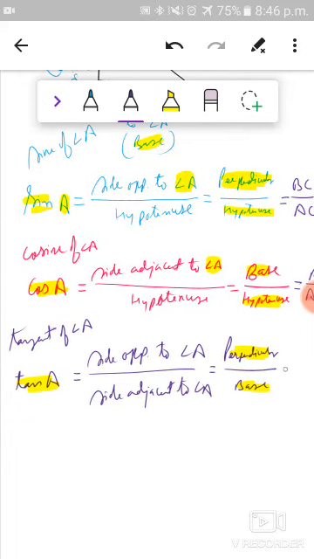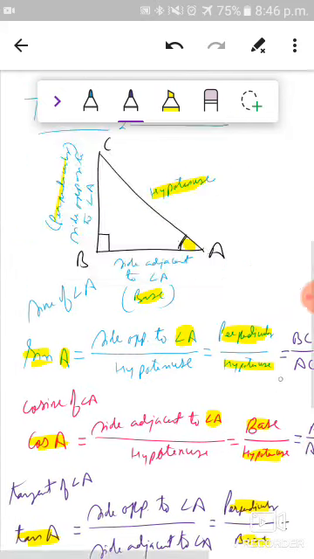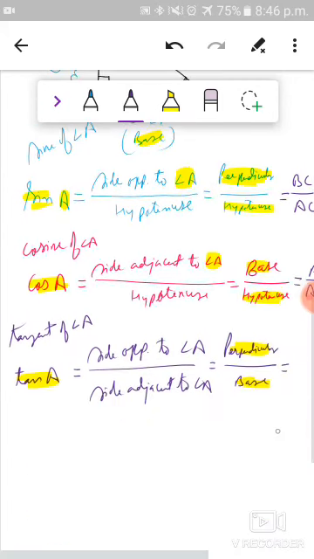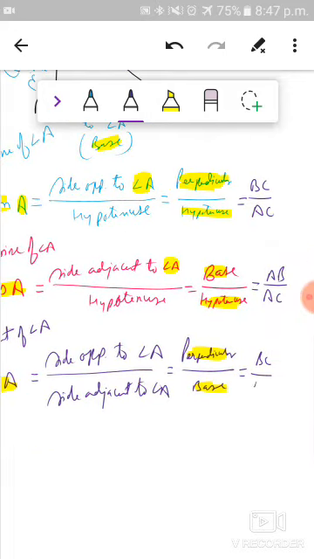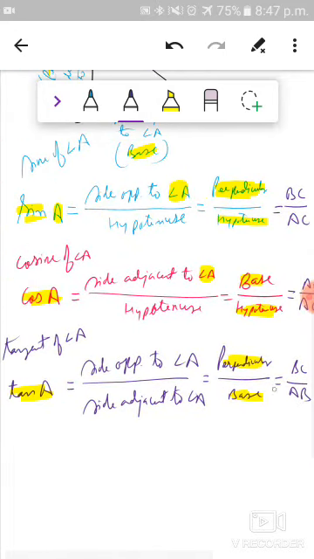Tan A is perpendicular, the opposite side BC, over the adjacent side AB. So tan A is BC by AB.